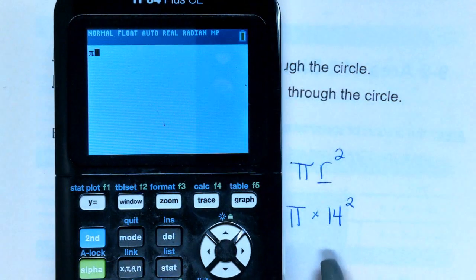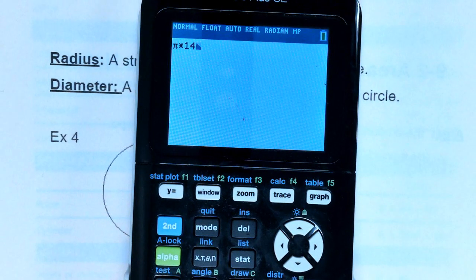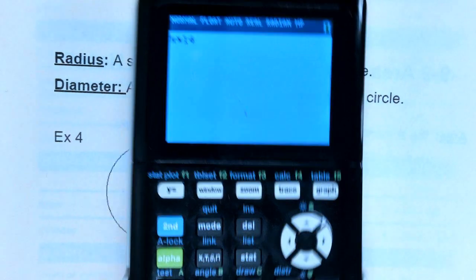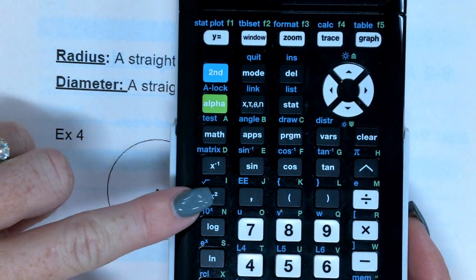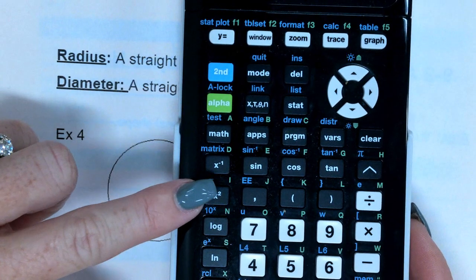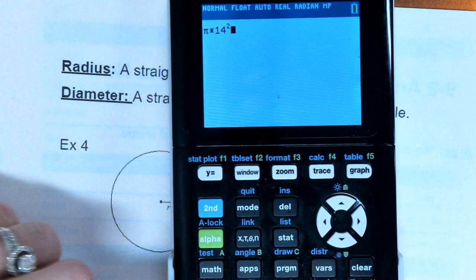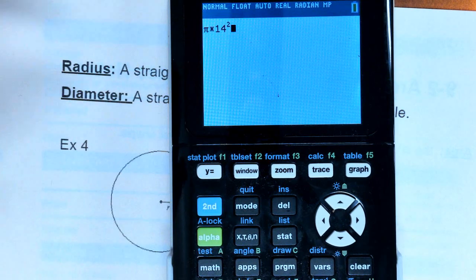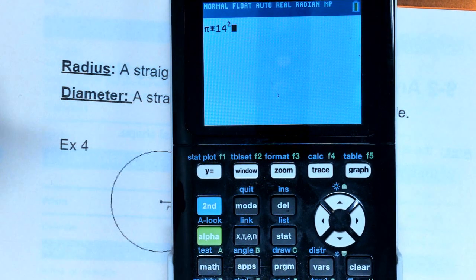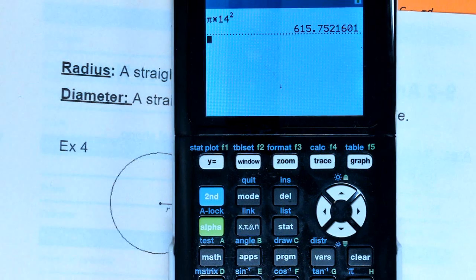Now just put in times 14. And this button right here is a shortcut button to square something. Does everybody see it right here? Push it. It will give you that little to the second power. Does everybody's calculator look like mine? Okay, hit enter. That's your answer.